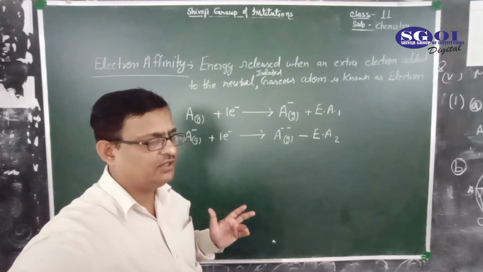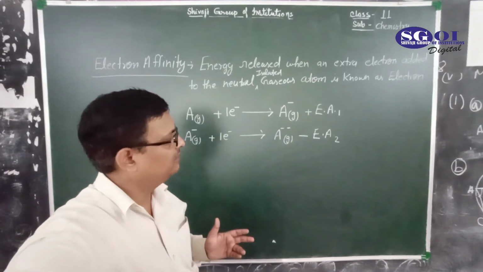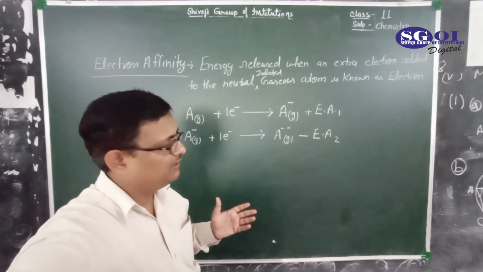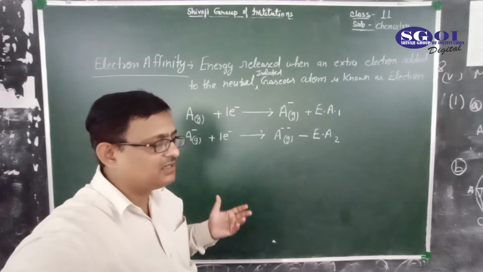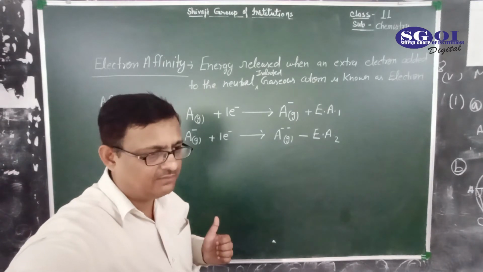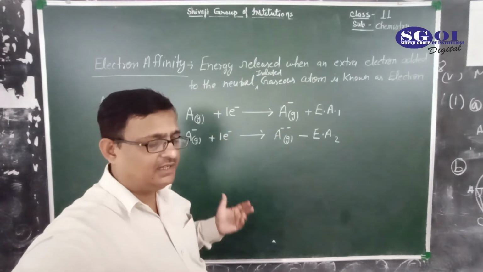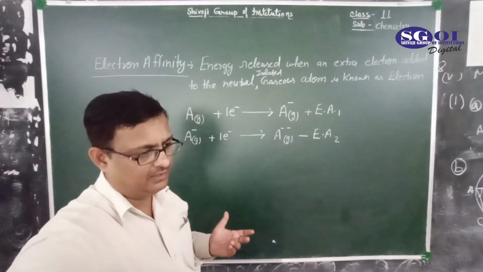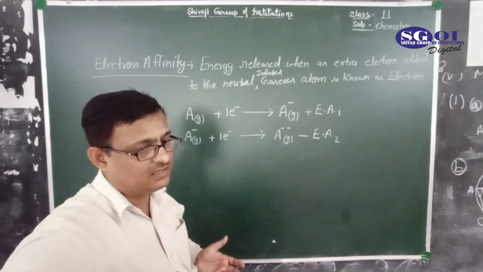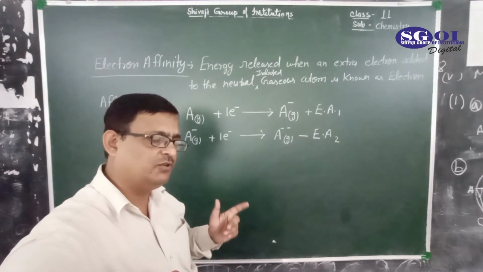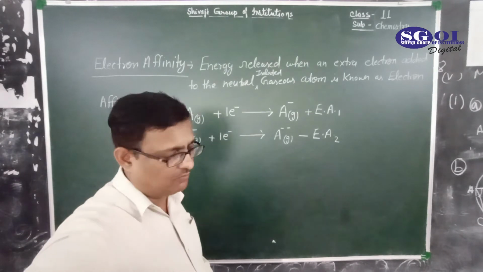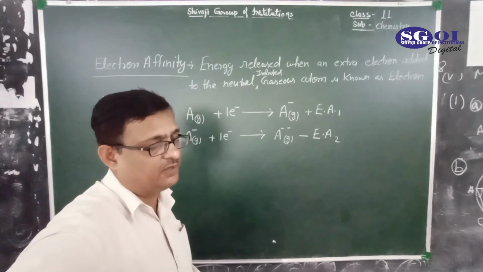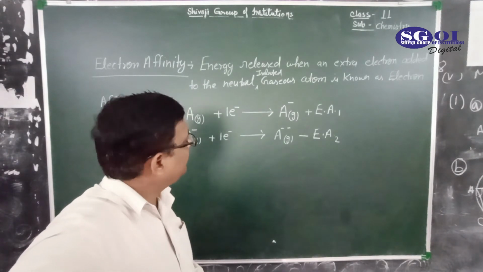Here a reasoning question arises in this topic: what is the reason that the first electron affinity is positive and the second is negative, or the first electron gain enthalpy is negative and the second is positive? These are two different questions, but the answer to both is the same.